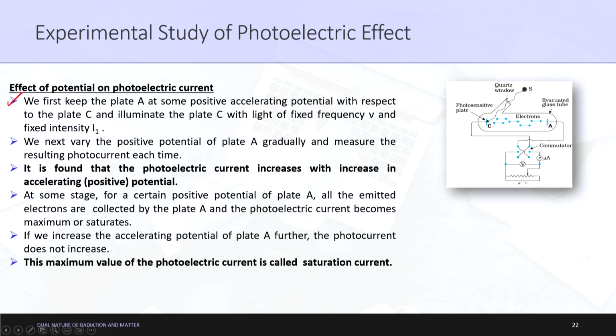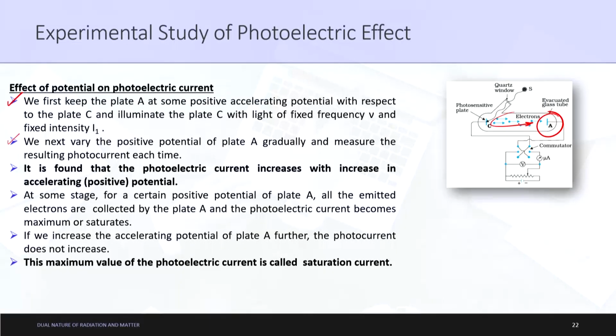Next, we vary the positive potential of plate A gradually and measure the resulting photocurrent each time. Now we try to change the potential, increase it, such that we can relate this potential with the current. Let me go very slowly.